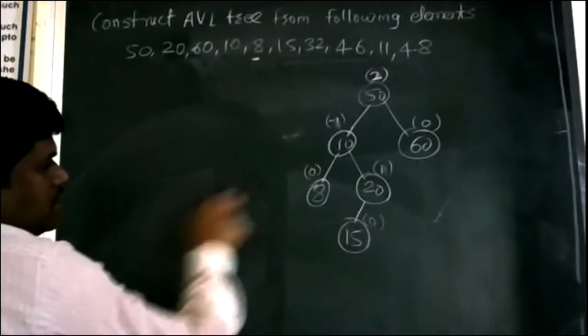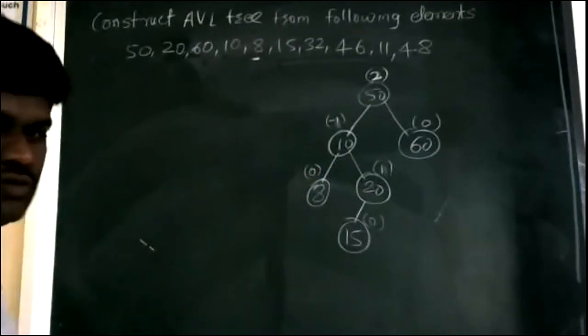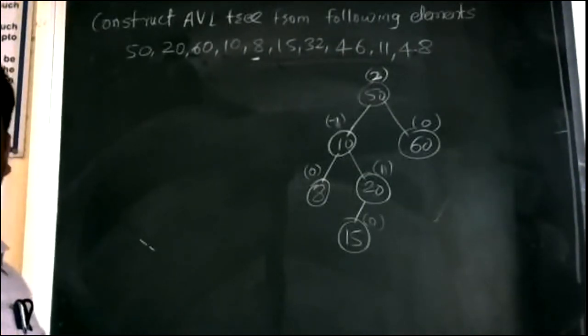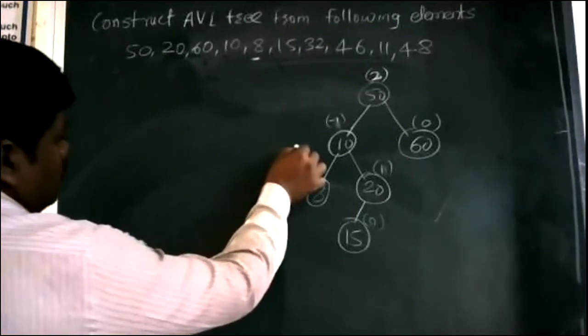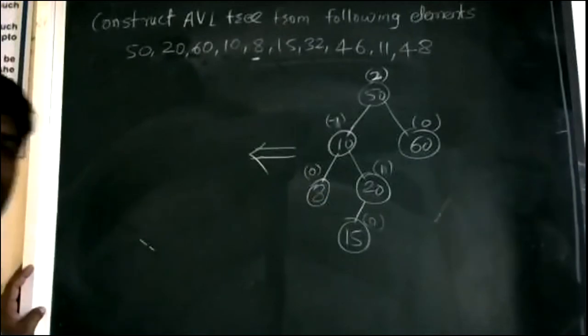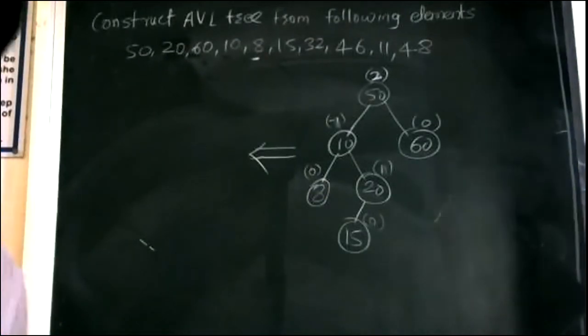All of you are dictating at the same time or not? Otherwise, after completion of all the explanation, you can draw by your own. So, what kind of rotation you need to apply here and where to apply? Now I am expecting the answer from your side. I will not say anything here.